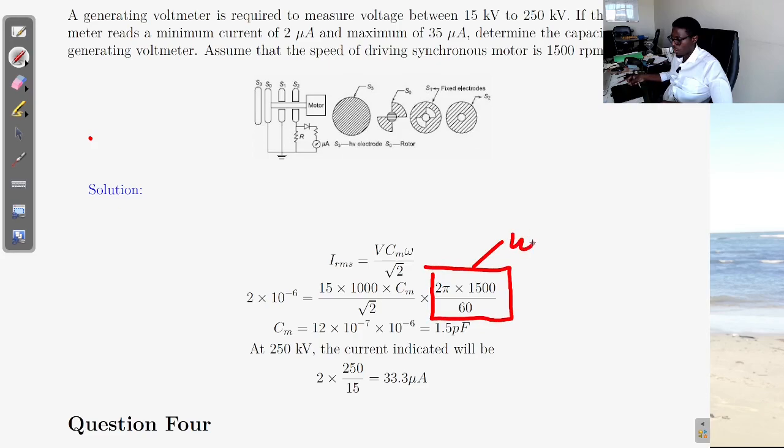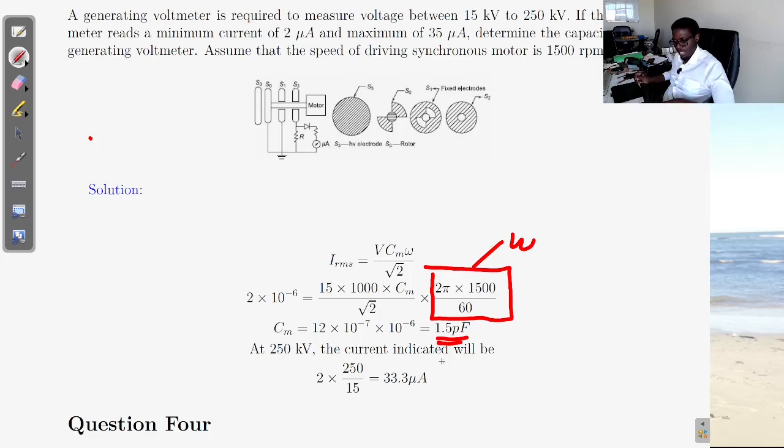Then we pick the minimum value of the voltage given as V. So this is 15,000 volts multiplied by Cm multiplied by omega over root 2, and therefore we determine our Cm to be equal to 1.5 picofarads. Okay, and that is how we determine that.